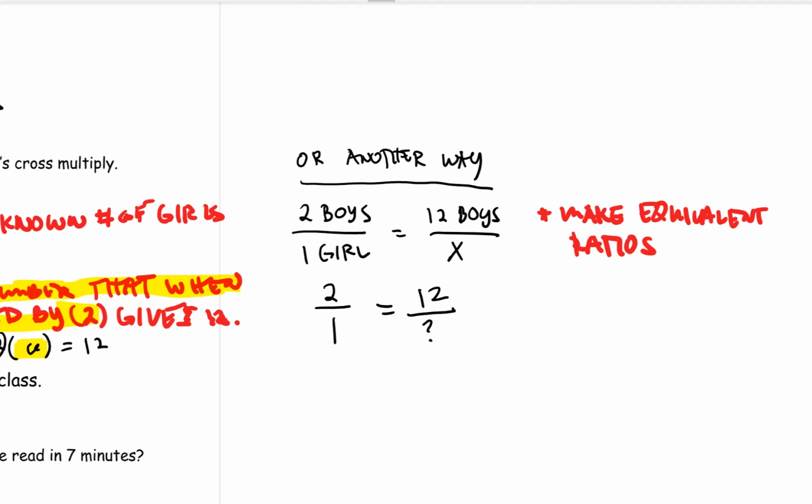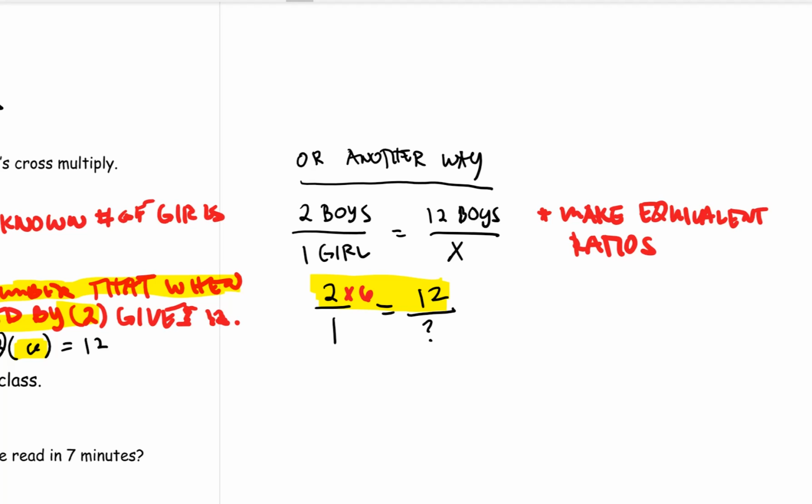Well, if you can see here, you're given the two numbers on top. Okay? So what did you do with the numerator, or think of a number that you multiply to 2 that gives you 12.